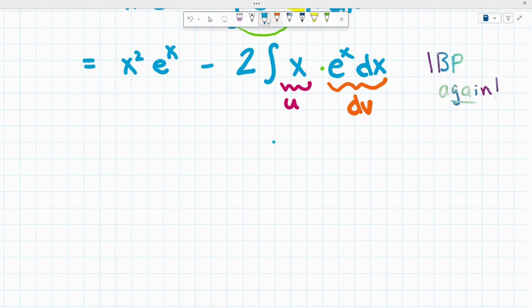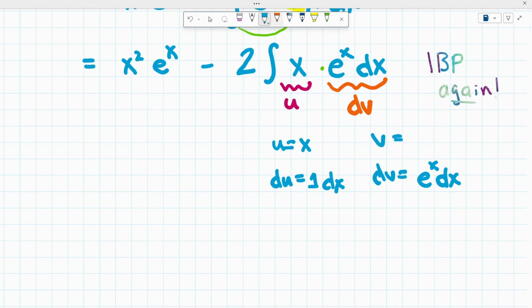We have that u equals x, du equals 1 times dx, our dv equals e to the x dx, and we already said that v is the integral of dv, and the integral of e to the power of x is simply e to the power of x.